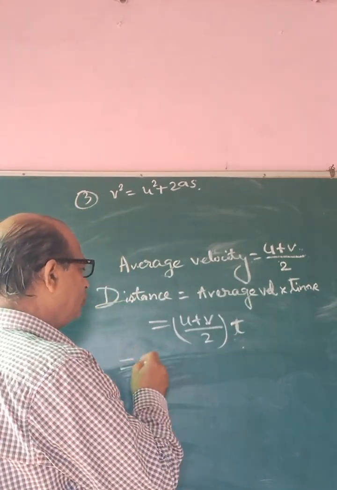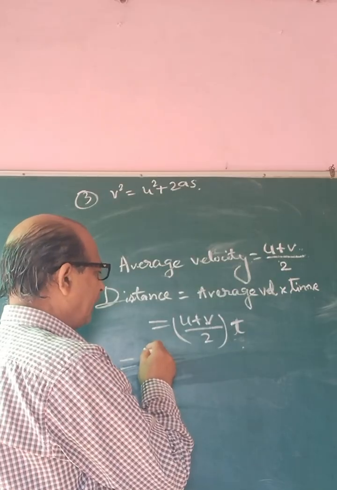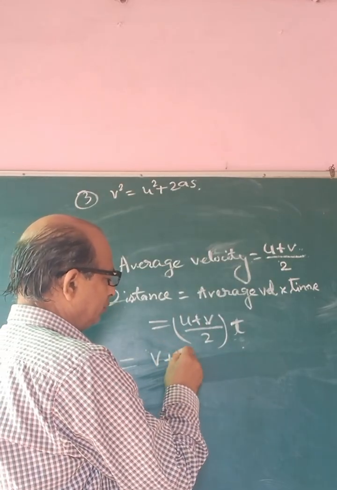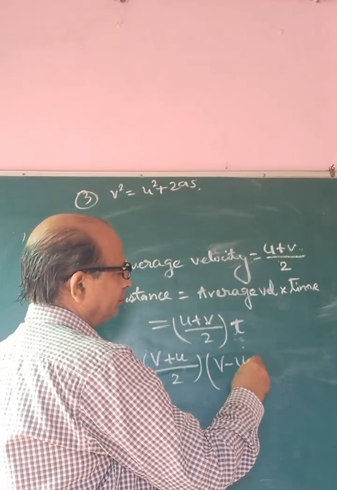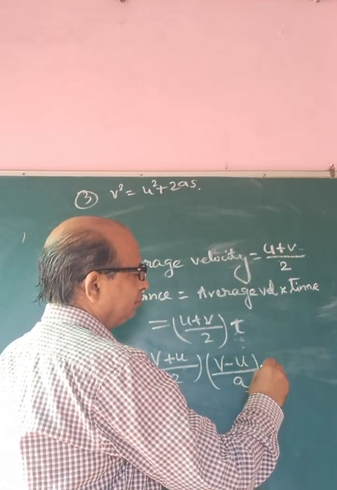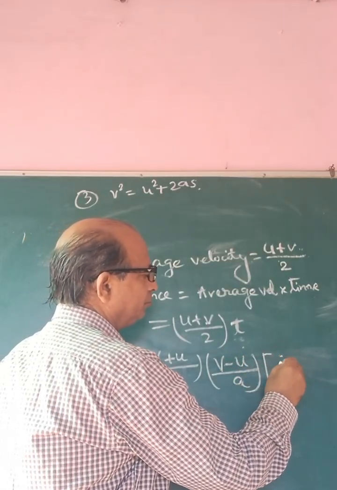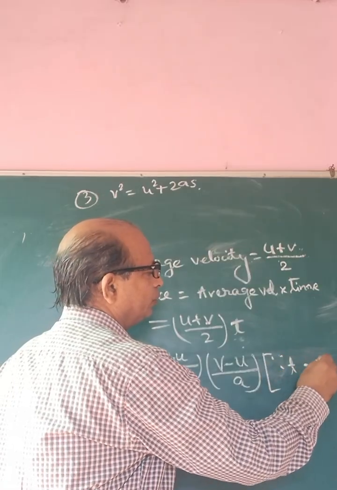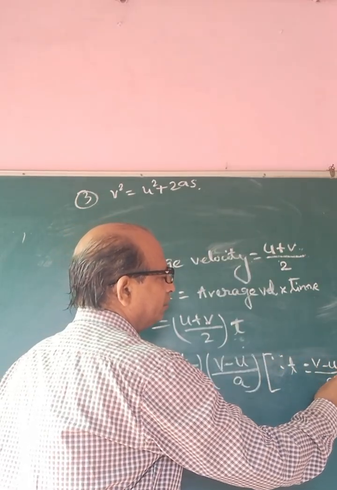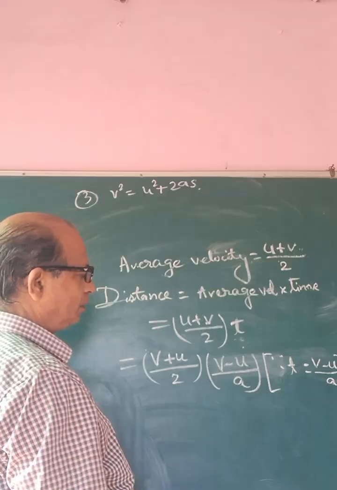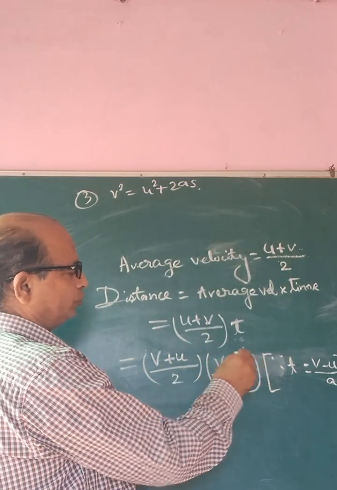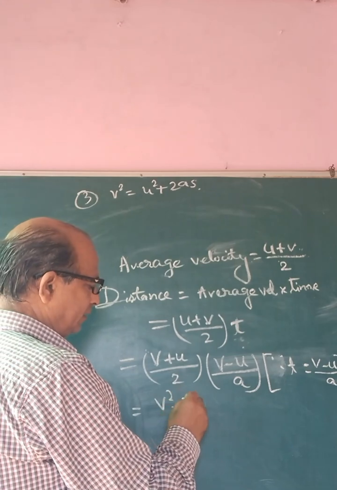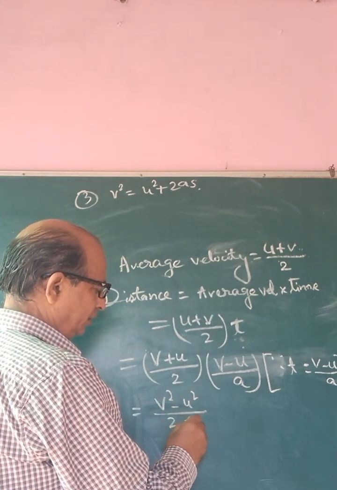So we can write v plus u divided by 2, and time is equal to v minus u divided by a from the acceleration formula. So this is v plus u and v minus u, which means v square minus u square, divided by 2a.